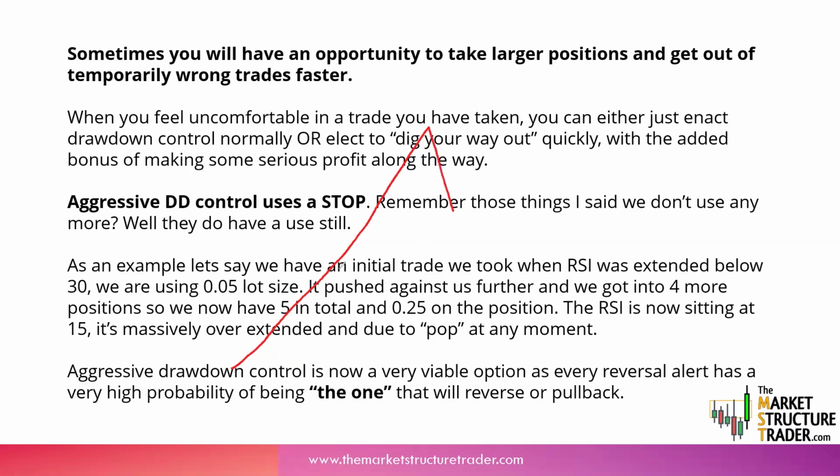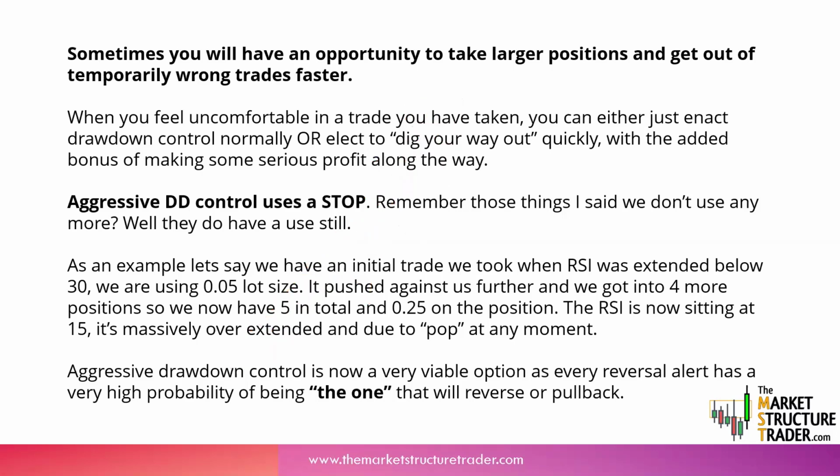So there is a point where you get to here and you expect the market would normally move, and then it goes a bit further and you think, right, this is it. Then it gets to a point where you look at it and go, there is just no way this can go any further. There's nowhere else for it to go. And that is the point where you would put advanced drawdown control into place. And typically you will have a trigger for advanced drawdown control.